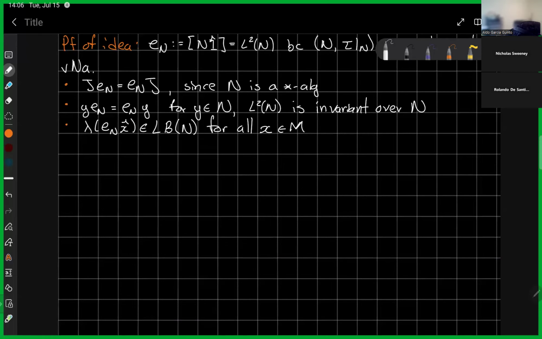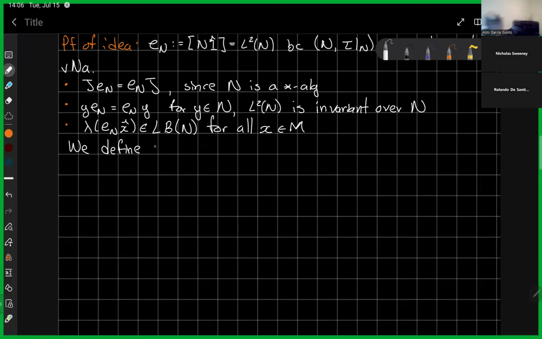Thus, we define, because of the fact that we showed before that the left-bounded operators of N is going to equal N, this gives us an operator to work with.